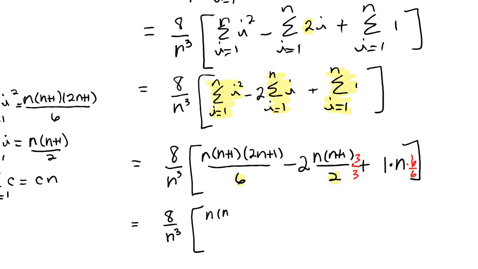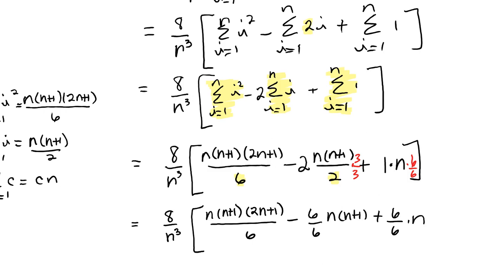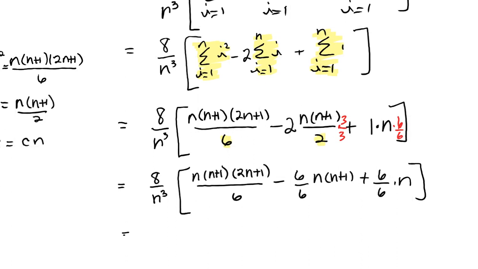And this one doesn't change. For this one, 2 times 3 is 6, so we have now 6 over 6 times n times n plus 1. And then another 6 over 6 times n. So now because all of them have a denominator of 6, I can pull that 6 out, and then I won't have fractions inside here anymore.